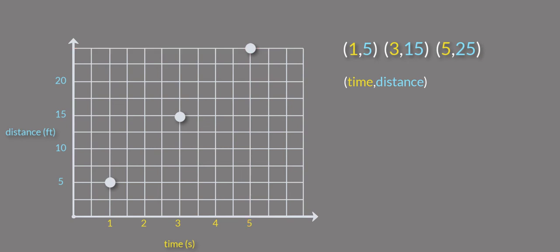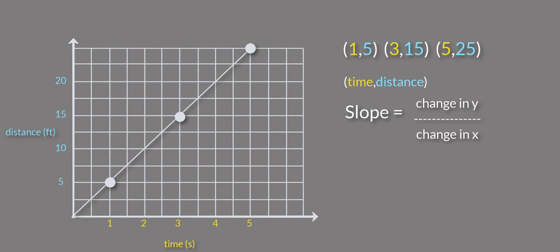And now we want to draw a line through those points, and we're asked to find the slope. So let's look at the change in distance over the change in time, or the change in y over the change in x. Between these 2 points, from 5 to 15 is 10 feet, and from 1 to 3 is 2 seconds.